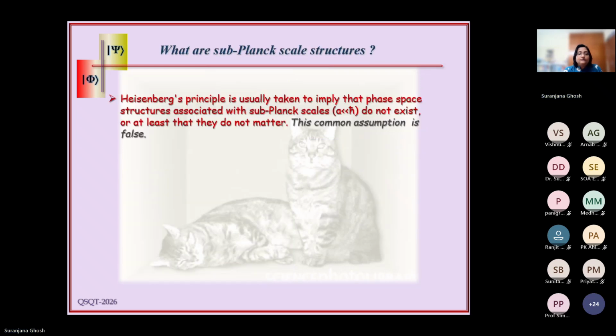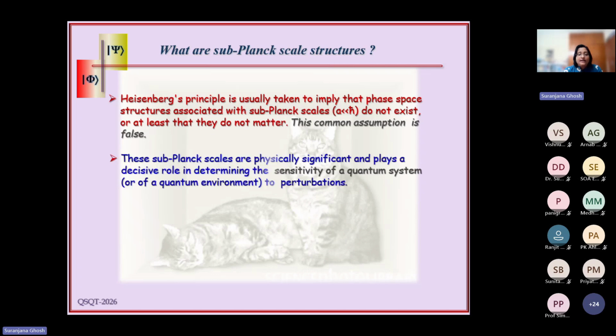Because of the uncertainty principle, we have an idea that there should not be anything below the Planck scale, and if it exists, it does not matter. But that common assumption is false. It is physically significant. Even if you have any kind of perturbation or disturbance coupling with the environment, this smallest structure you can detect first.